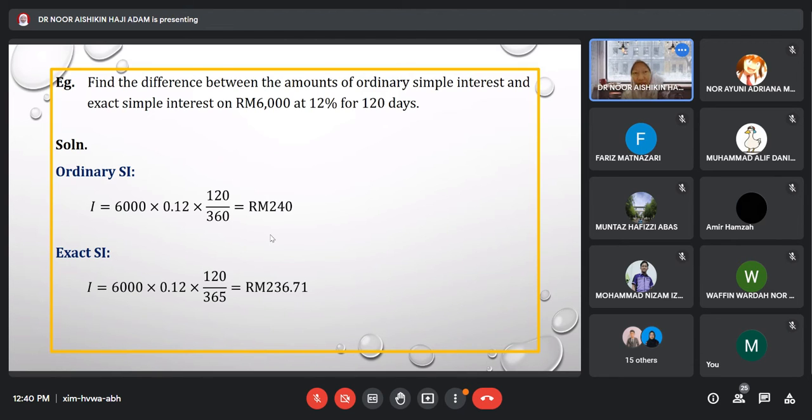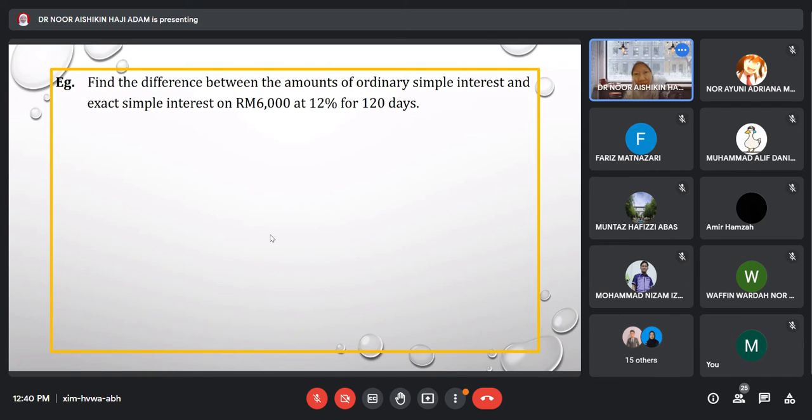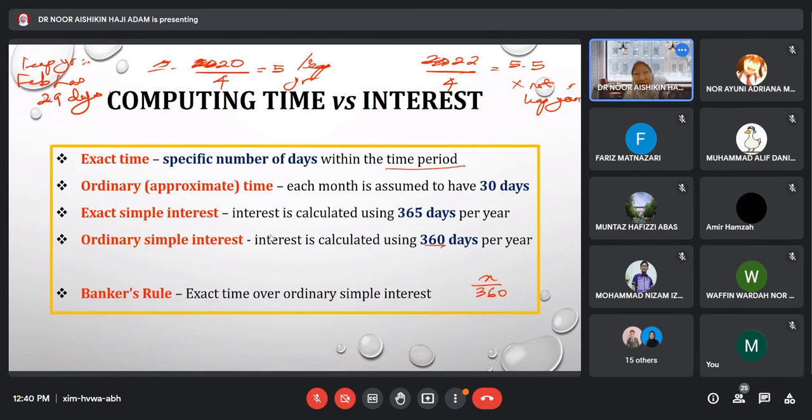But if we use exact simple interest, P is now 6,000, your T now is 120 over 365. Exact simple interest. Number of days too, you divide by 365.